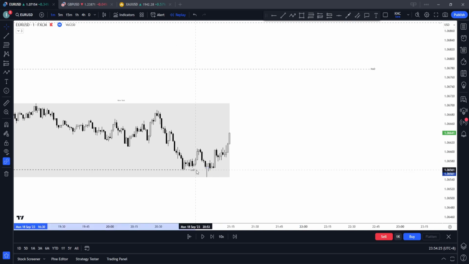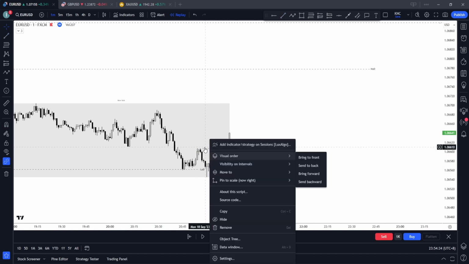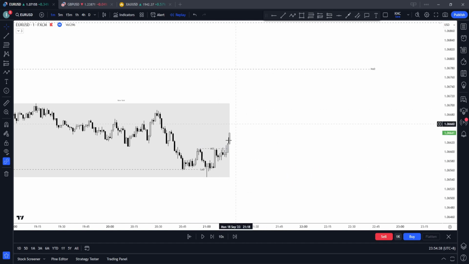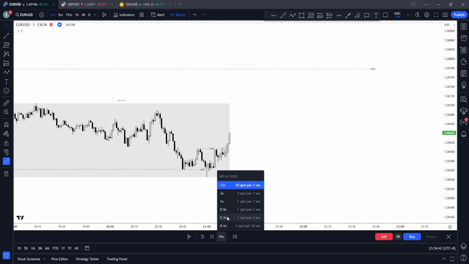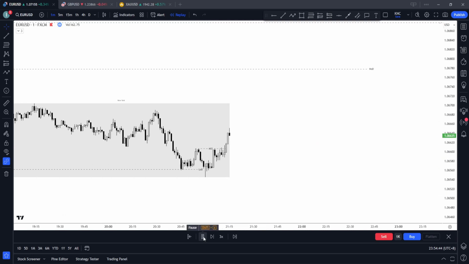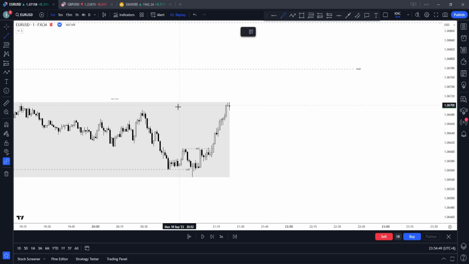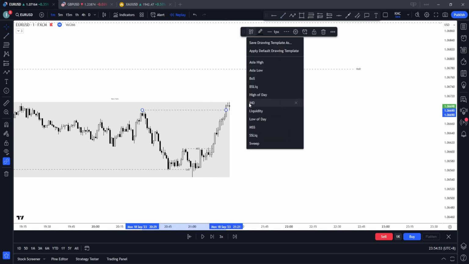Here we can see a sweep, and a market structure shift around this area. We'll see if it will have a pullback. It didn't have a pullback, so it made another market structure shift here.